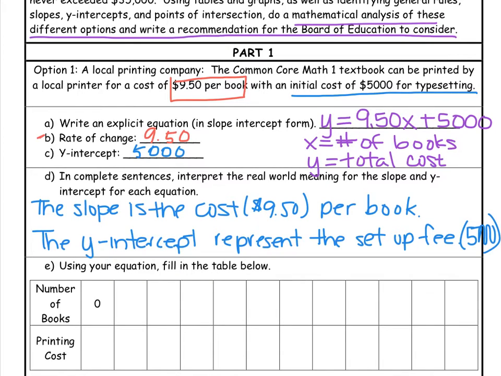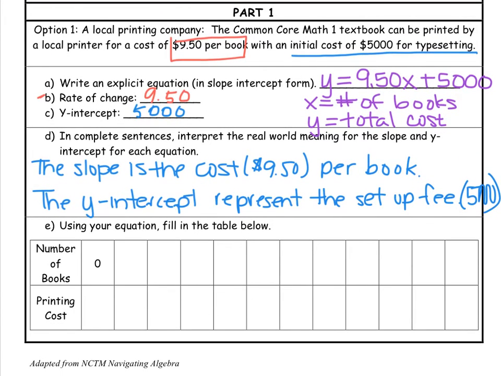So we're going to fill out this chart down here using this equation right here. So again, we said our number of books was X and our printing cost was Y. So with this particular company, for the local printing company, if we don't buy any books, they're still going to charge us an upfront fee of $5,000. That's the starting fee. Then for each additional book, they're going to charge us $9.50.